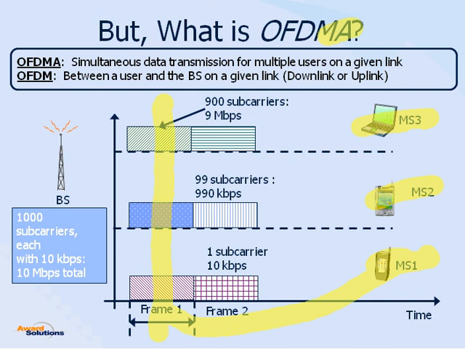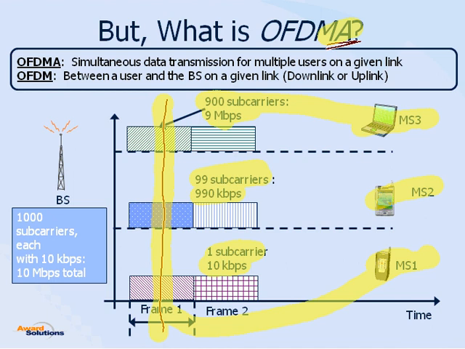Okay. So one user we have given, let's say, 900 subcarriers, so very high data rate. Another user, let's say, 99 subcarriers, so this guy gets about 1 megabit per second, and some voice or IP type users, maybe 10 kilobits per second, good enough. So at a given time instant, we are supporting multiple users. And whenever you support multiple users, it's called multiple access.